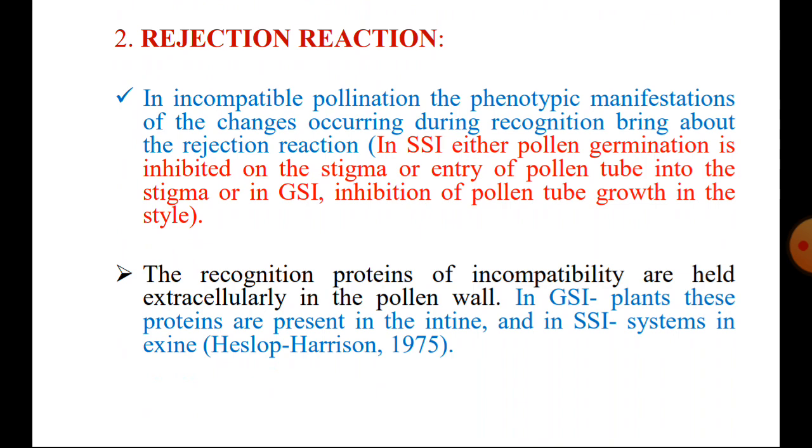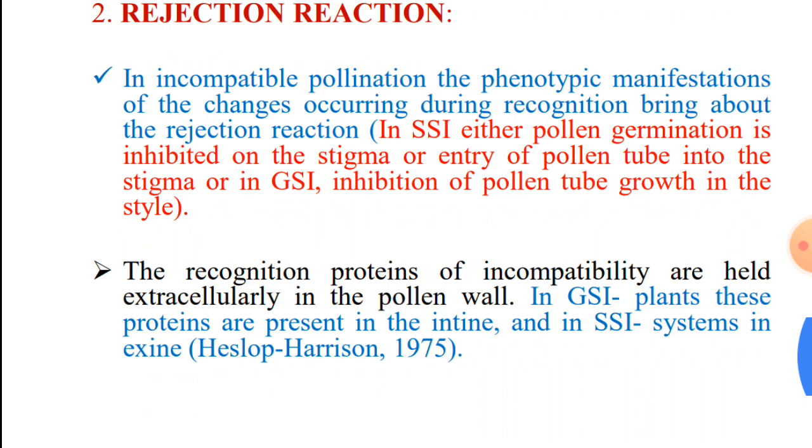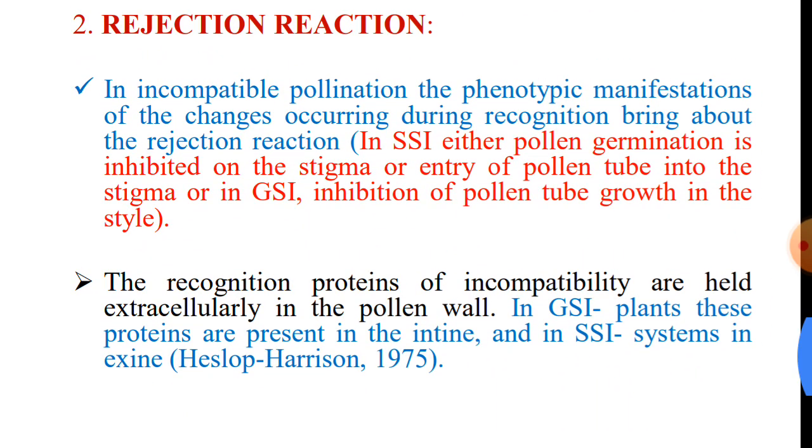In incompatible pollination, the phenotypic manifestations of the changes occurring during recognition bring about the rejection reaction. In sporophytic self-incompatibility, either pollen germination is inhibited on the stigma, or entry of the pollen tube into the stigma, while in GSI, inhibition of pollen tube growth is in the style.